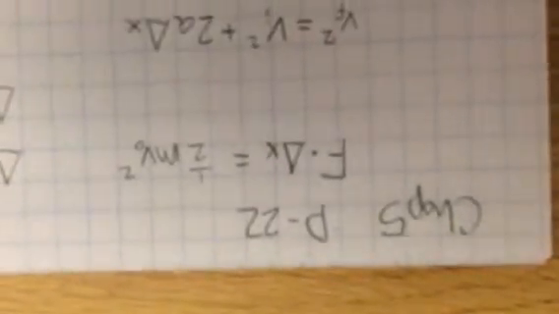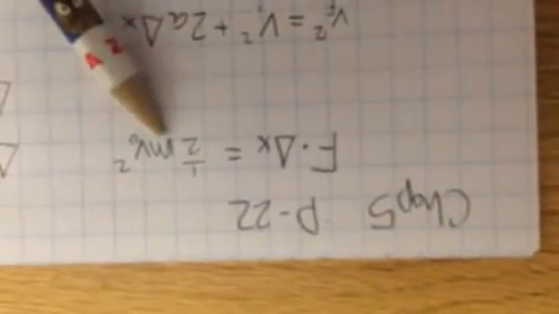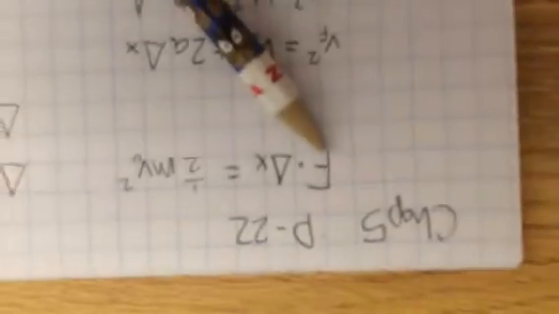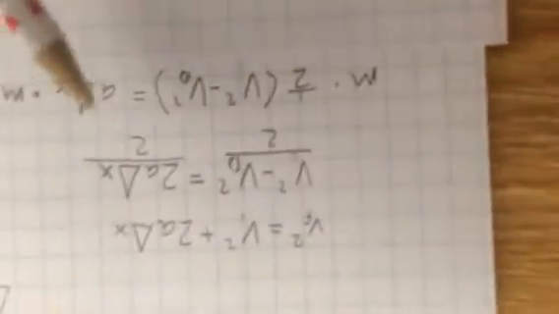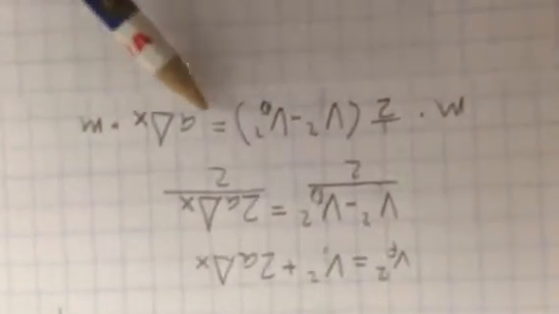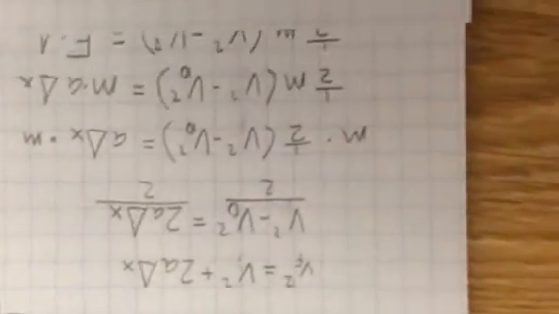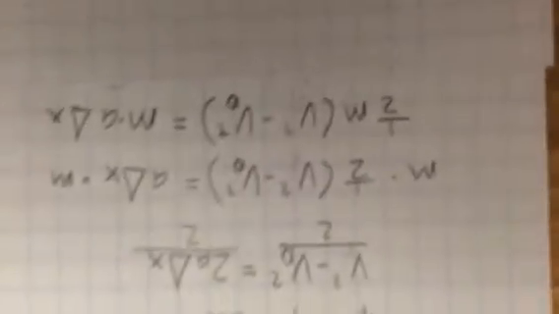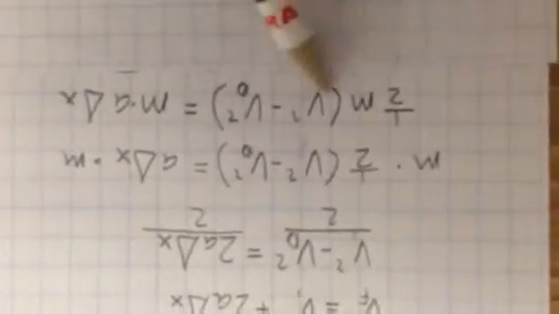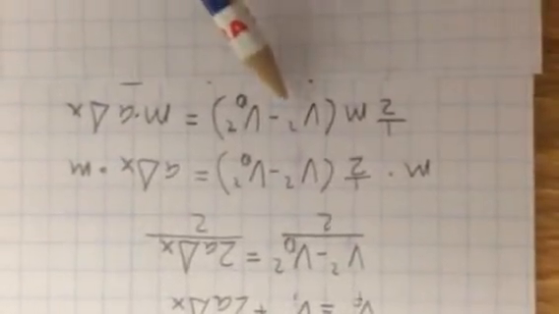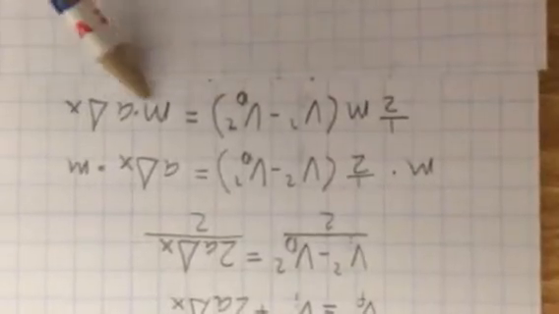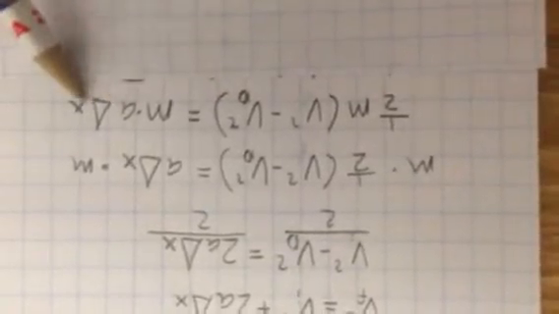Well, if you look up here, there's a mass involved, and there F equals ma, so there's a mass involved there. So I just tried something, and I multiplied both sides by mass. Once I multiply both sides by mass, I get 1/2 m times v squared minus v0 squared equals m times a delta x.